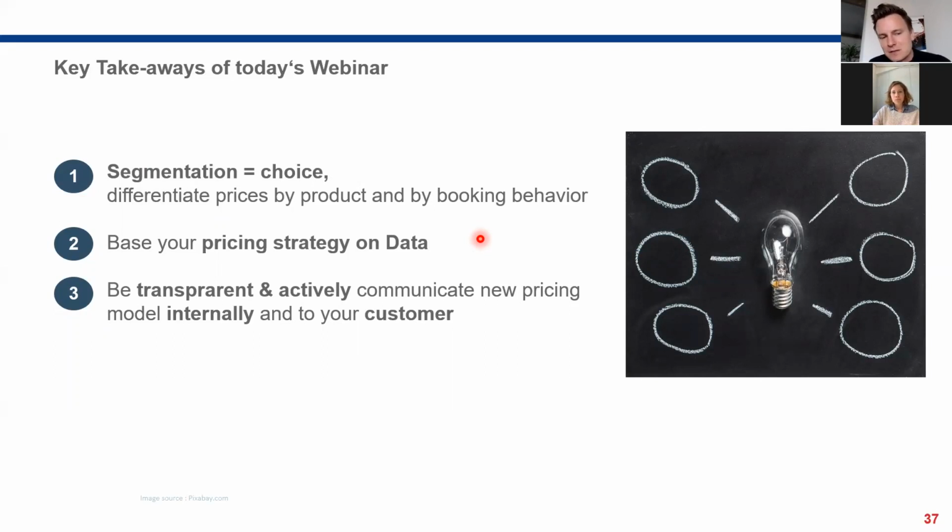If your box office is not on board, they are the first point of contact with your consumer when they walk into your shop or up to the box office. They need to understand what's going on and feel very secure about why, for example, Chocoversum started the dynamic pricing journey. So those would be our 3 key takeaways.